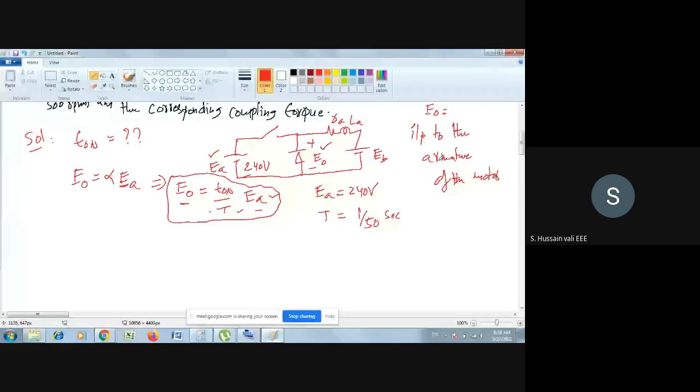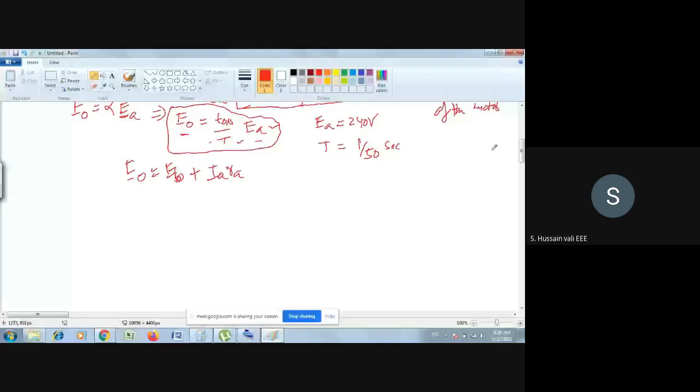If you apply KVL, you can easily find out E naught: E naught equals EB plus IA RA. So if we can find out EB and IA, RA he has already given in the data. How much has he given? 7.56 here.